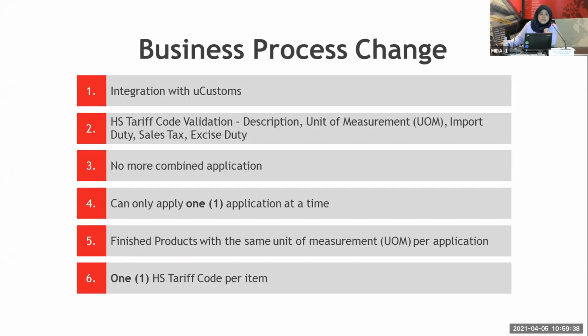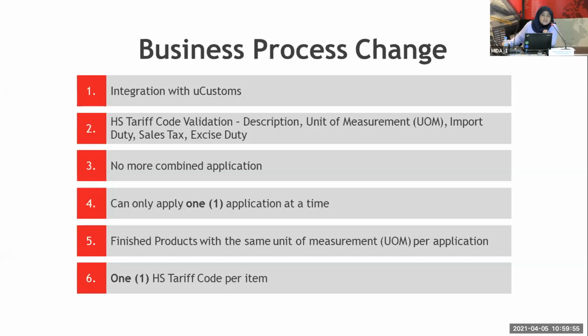But in the investment system, the new system for raw material and component application, you will notice that you are not allowed to do that. You can only key in one HS tariff code per item.